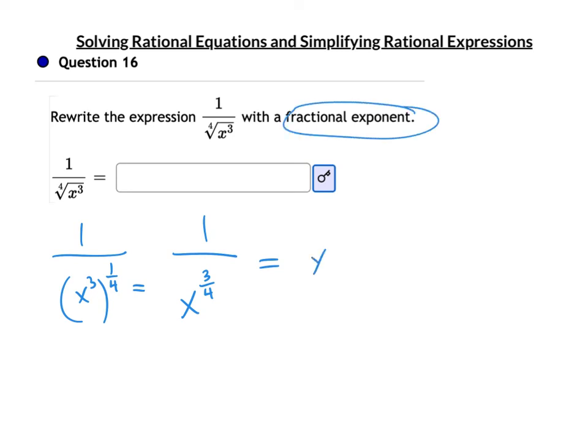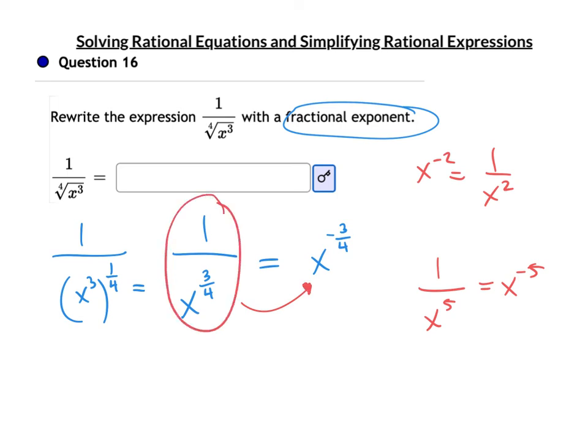This would be x to the negative 3/4. Remember how x to the negative second was 1 over x to the second? Well, I could say that 1 over x to the 5th is x to the negative 5th, and that's the idea here. By writing it as a negative power, I can eliminate this fractional part.